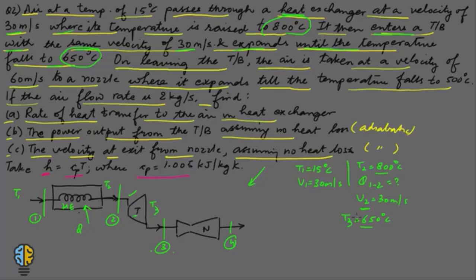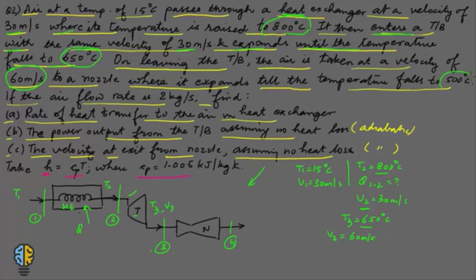Okay. Now after the turbine it is taken to a nozzle. Now when it enters the nozzle, it has a velocity of 60 meters per second. Now this is the velocity at section 3. This means the exit velocity of the turbine is equal to the inlet velocity of the nozzle, which is V3, which is 60 meters per second.